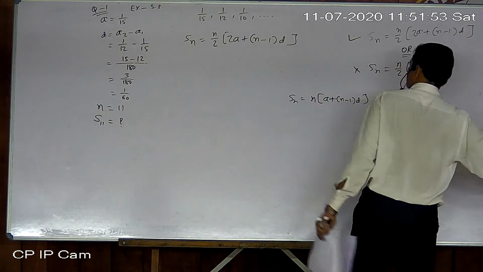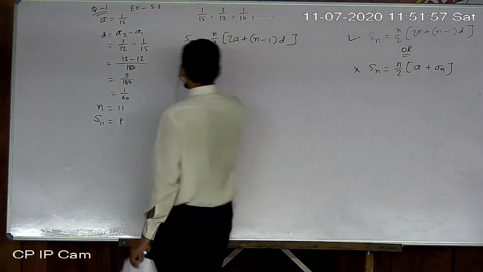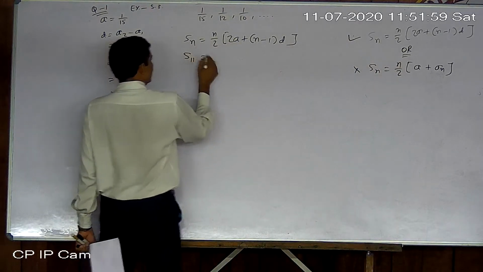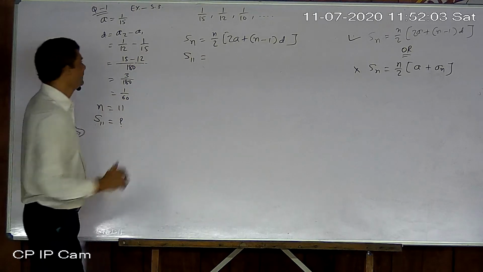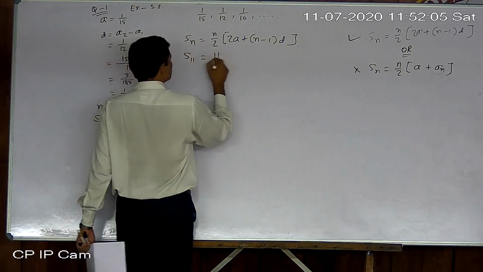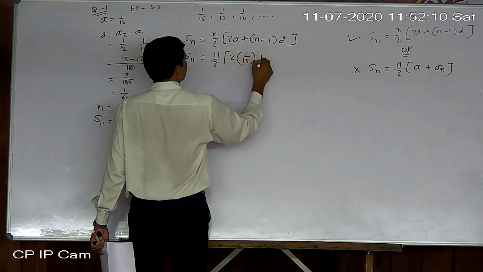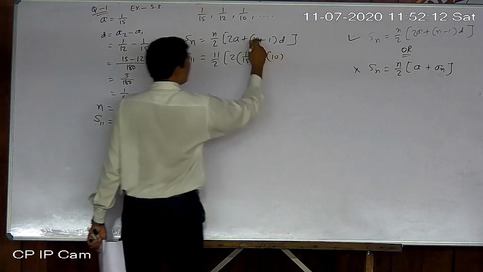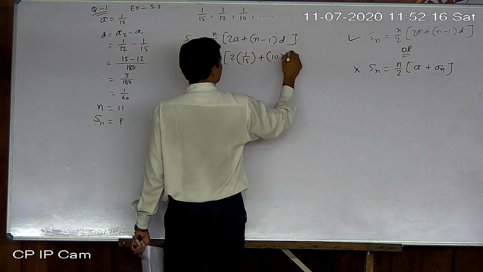Now place all values. n equal to 11, since I want to find S11, the sum of the first 11 terms. So 11 by 2, 2 into 1 upon 15, plus 11 minus 1, which is 10, and d we found as 1 upon 60.